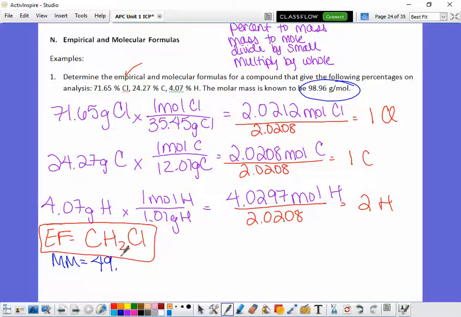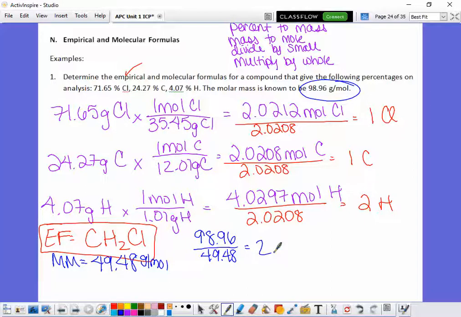49.476. So you should get 49.48. That's the molar mass of the empirical formula. We're going to divide that into the molecular formula's mass. So 98.96 divided by 49.48. What does that equal? 2.